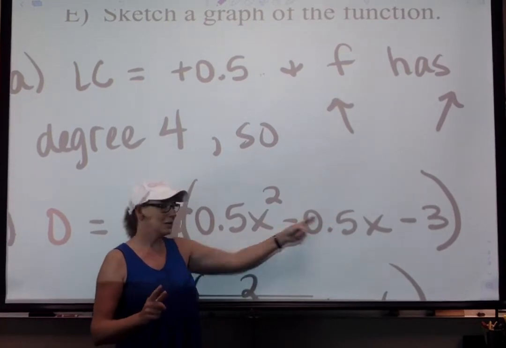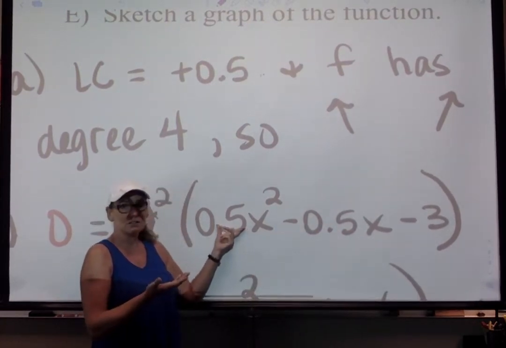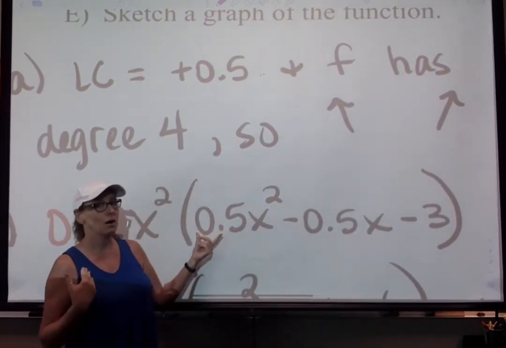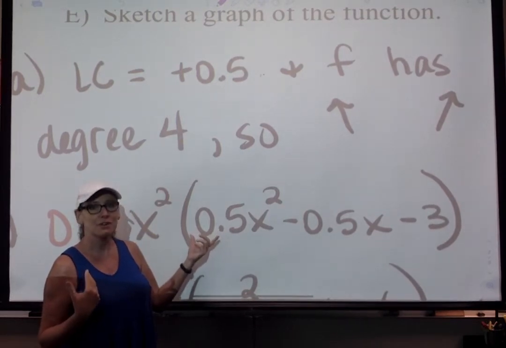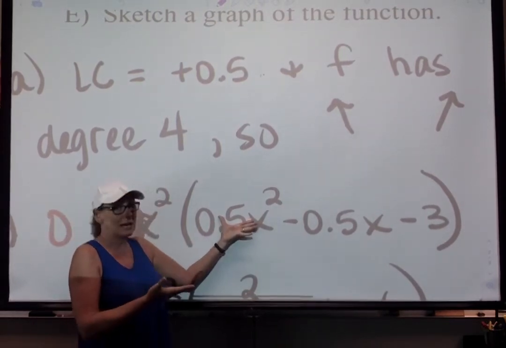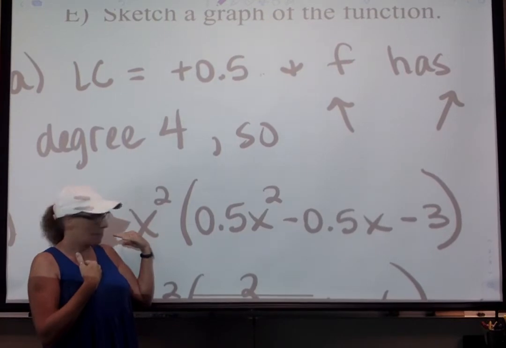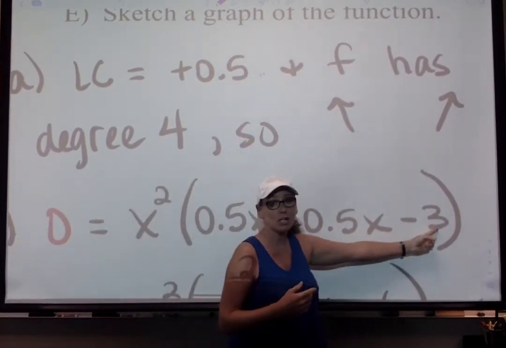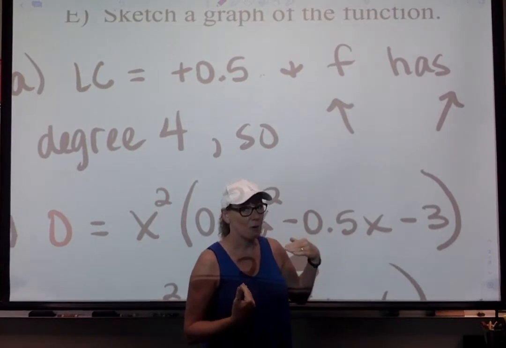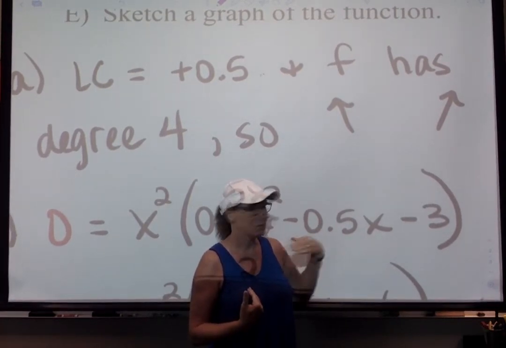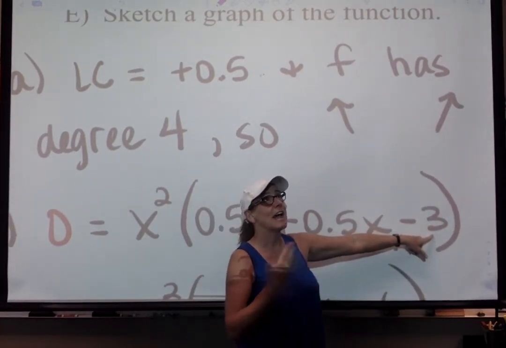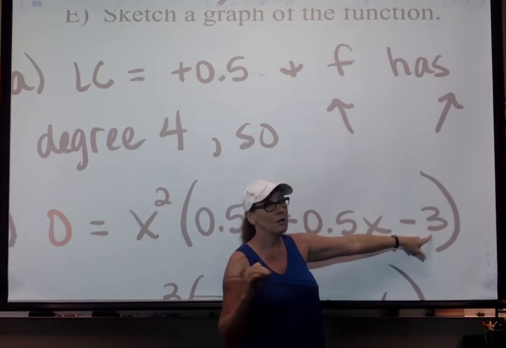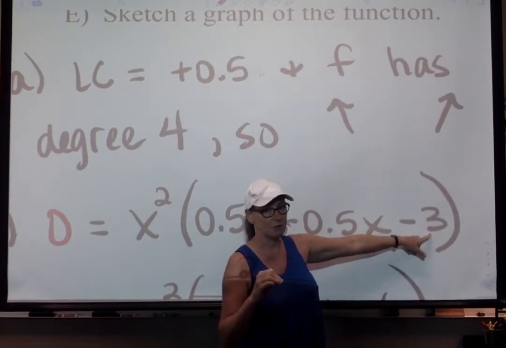But what I can do is take out a factor of 0.5, or a half. So if I take this term and divide out a 0.5, this term divide out a 0.5, and this term divide out a 0.5, you don't get 1.5, you get 6.